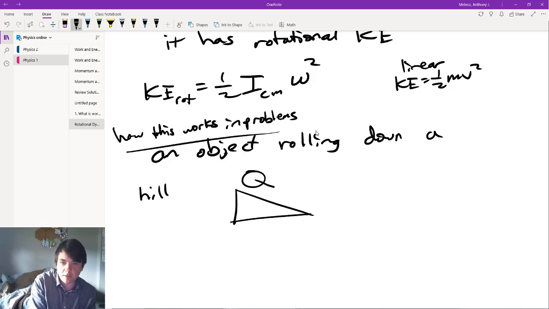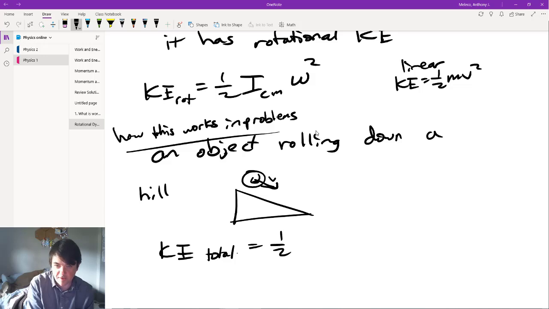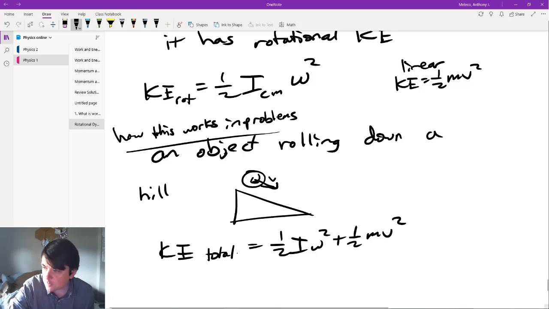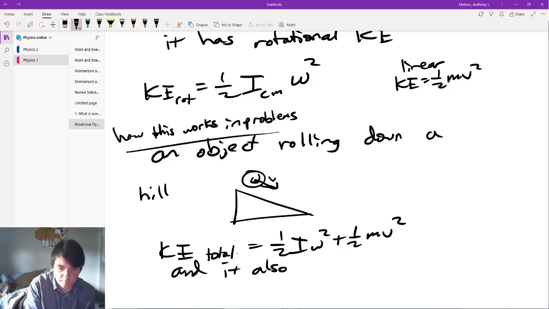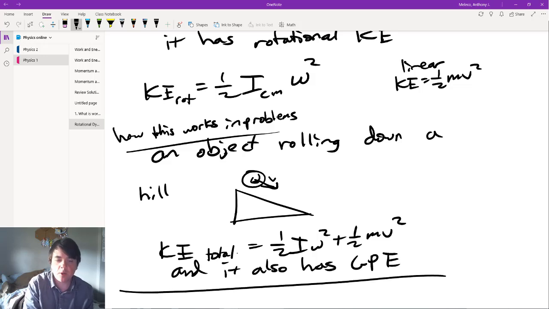Not only is it moving linearly, but it's also rotating. So the KE total is going to be 1/2 I omega squared plus 1/2 mv squared. And it also has gravitational potential energy. Okay, so that's how problems like that work.